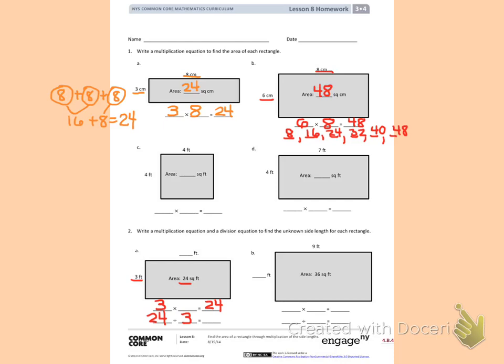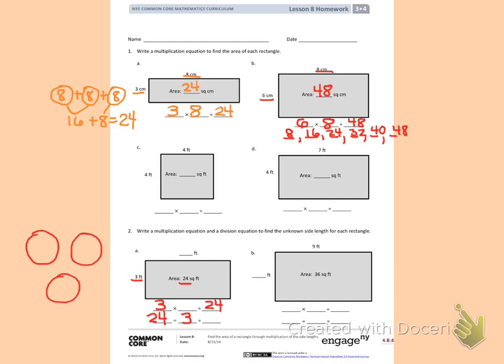What would that be? Well, that means if I have 24 items and I share it with 3 people, or divide it up into 3 groups, how many are in each group? I'll draw my 3 groups here. 1 group, 2 groups, 3 groups.